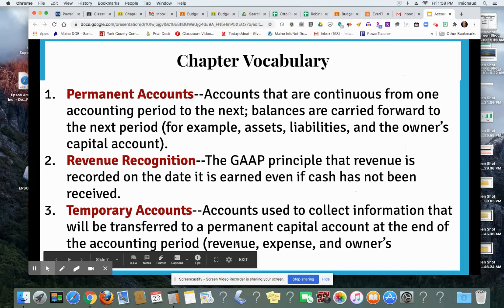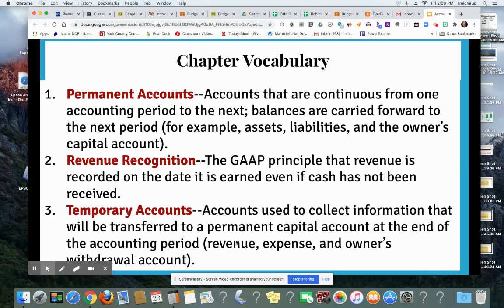Some chapter vocabulary that we've already gone through, but it's worth mentioning again. Permanent accounts are those accounts that are continuous from one accounting period to the next. Balances are carried forward to the next period. Examples of permanent accounts include assets, liabilities, and the owner's capital account.